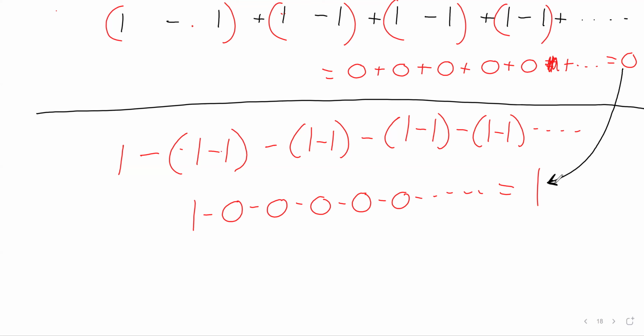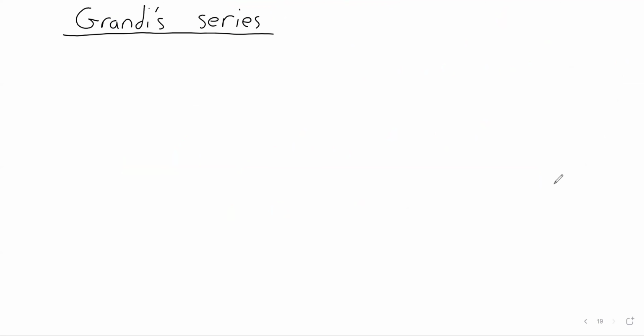And to Grandy, this was analogous to the idea that God created the earth ex nihilo, that God could create the earth from nothing. It's possible to go from nothing to something. Whether you find that convincing, I will leave to you, but modern mathematicians don't struggle with Grandy's series.